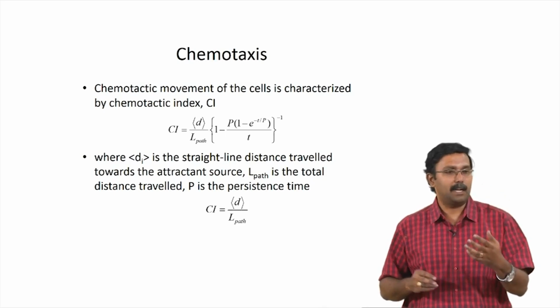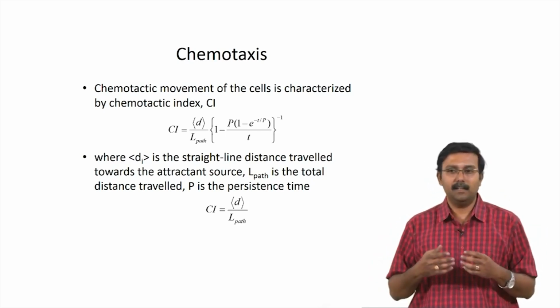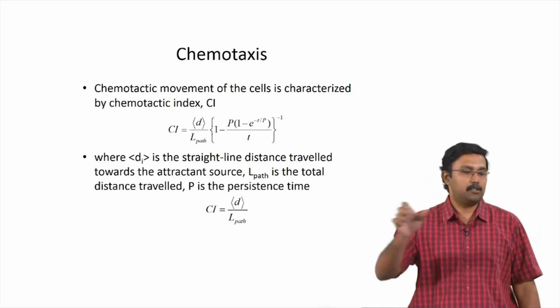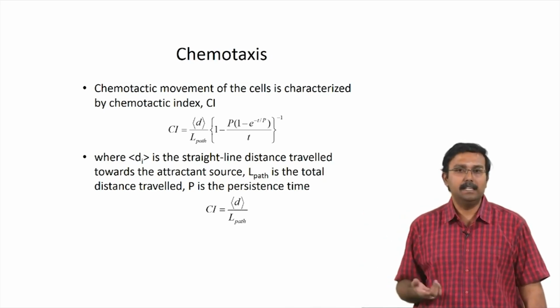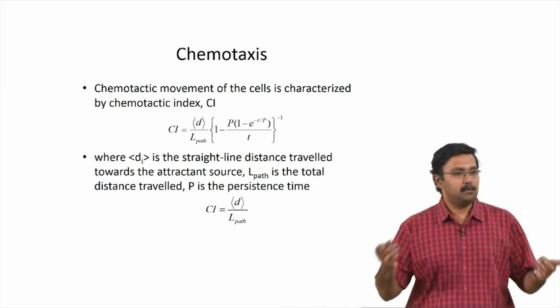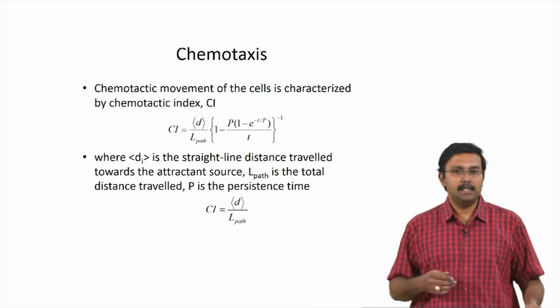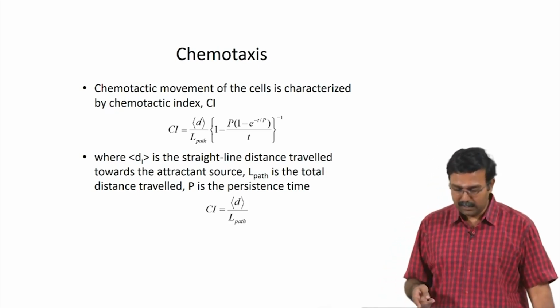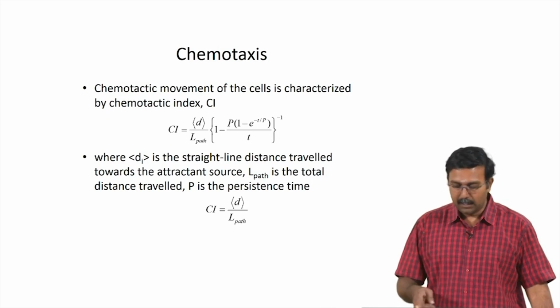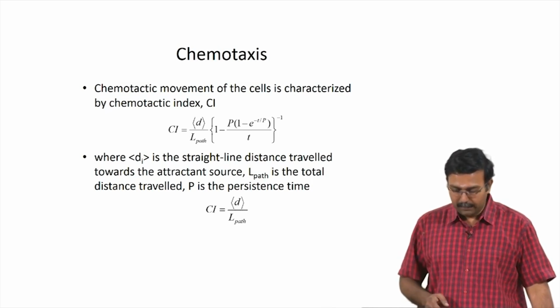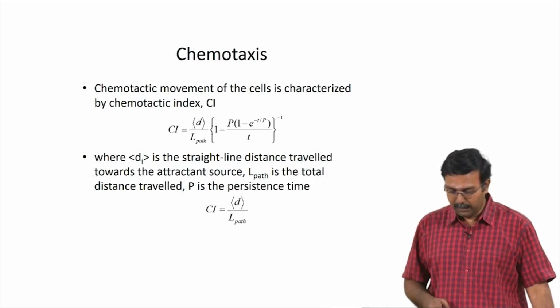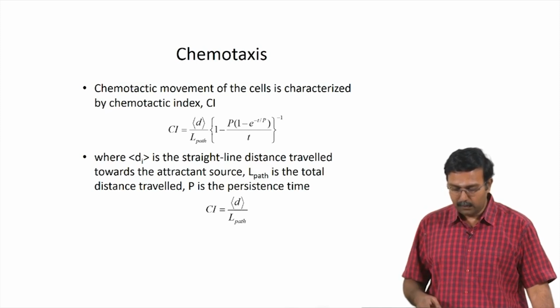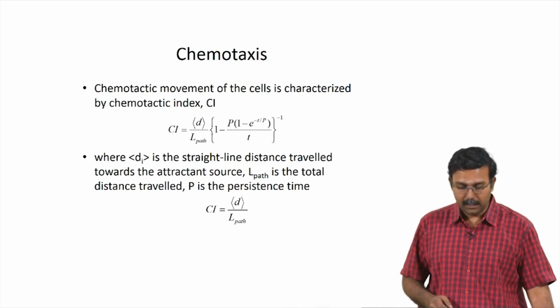So, if there is a chemoattractant, the cells will be moving towards that, and the distance which it persists towards it is d, and L path is the total distance which is travelled by the cells. P is the persistence time, t is obviously the time, and this is the correlation, and it can actually be simplified to get something like Ci equals d divided by L path.